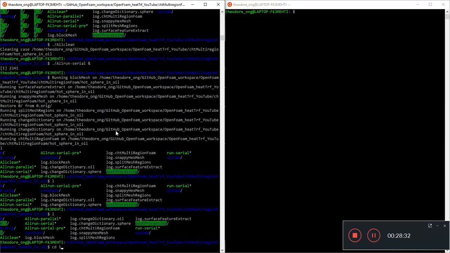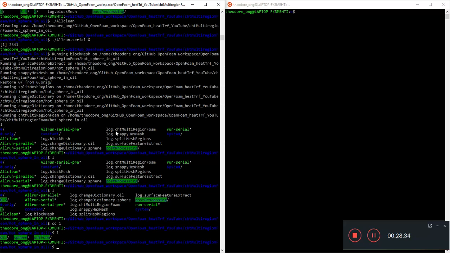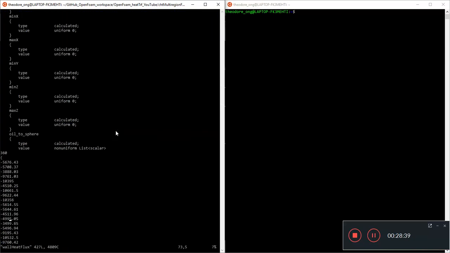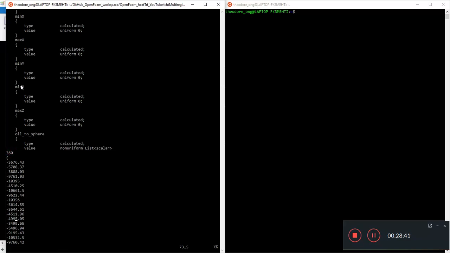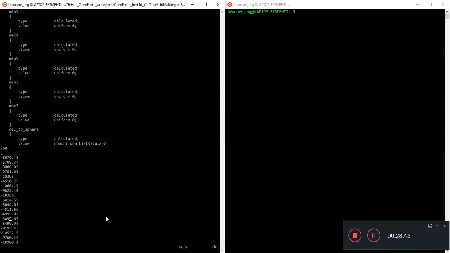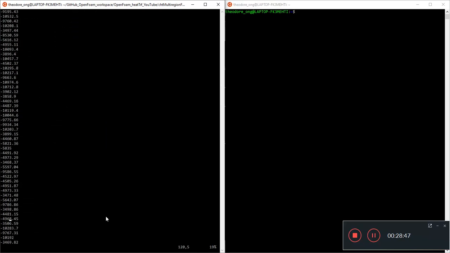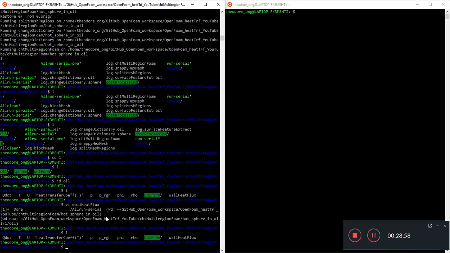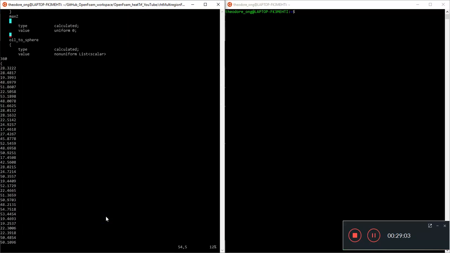Okay, let's go and take a look at the oil, and we should have a wall heat flux here. So you can see the values are now all negative, which means that the heat is flowing from the oil to the sphere. And we can also take a look at the heat transfer coefficient, and now all the heat transfer coefficient is kind of positive.